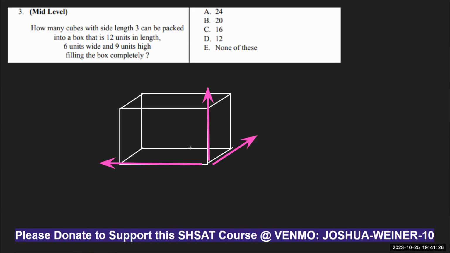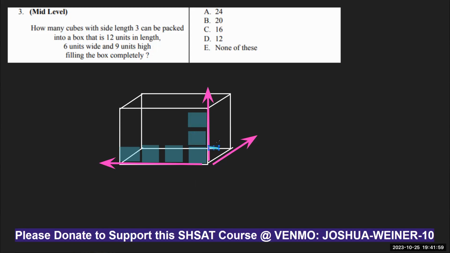Since it's 12 units in length, we should fit 1, 2, 3, 4 blocks if we were to pack it along the length of the box. And then in this direction, these same boxes, we would stack this way, like so. However, I can't really draw that shape going in the depth, so I'll use a wireframe.